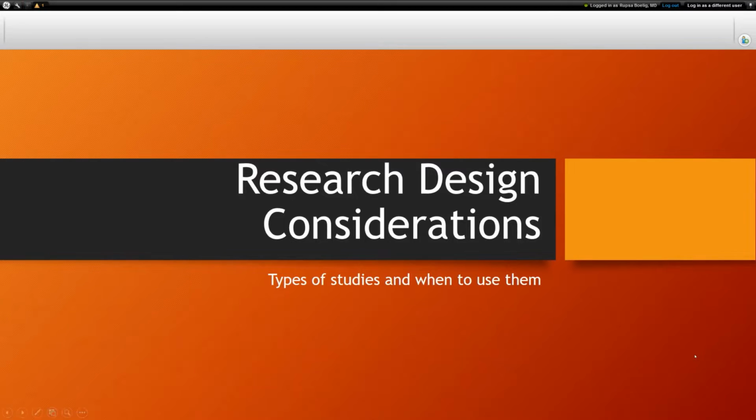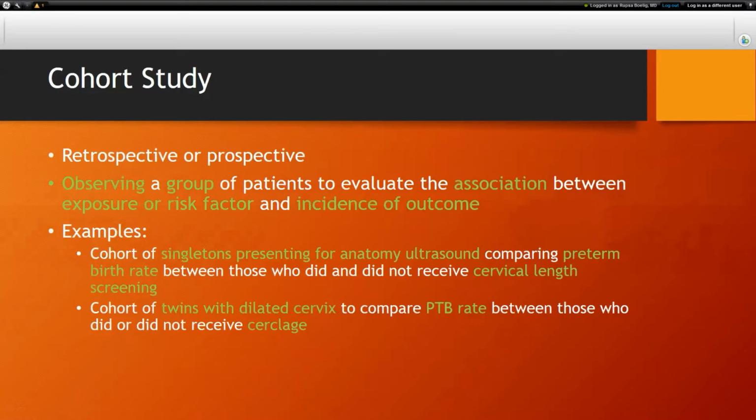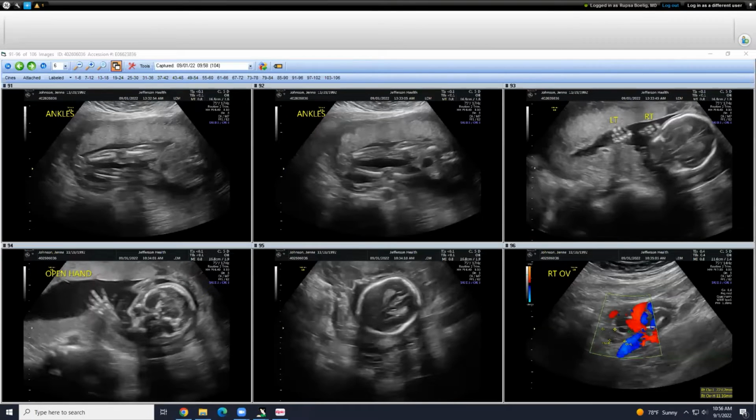So, when you think about the basic study that we think about, cohort study, that can be, oh, hold on, why is this being weird? My screen just went blank. Can everyone see still? Now you have ultrasound images up.